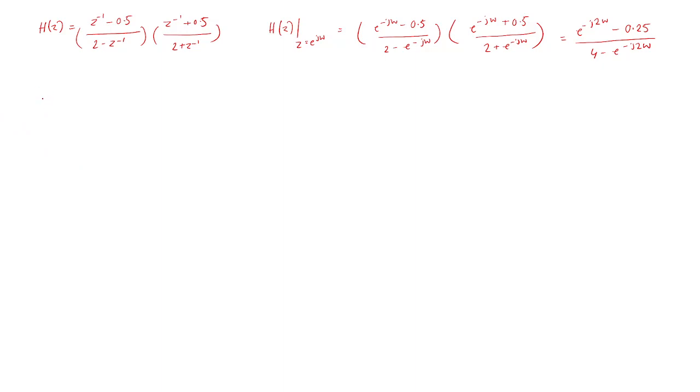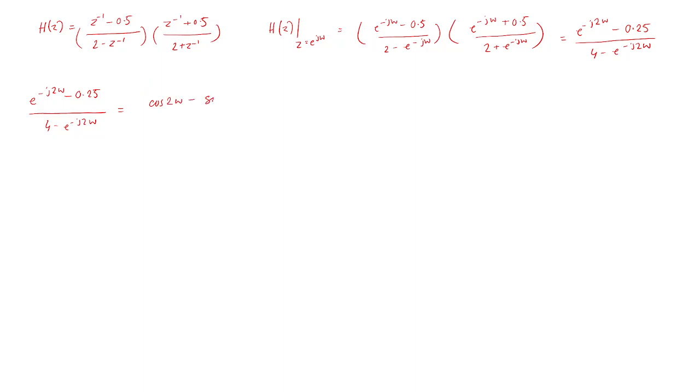Now we can write e to the power j 2 omega as a summation of cos and sine. So let us write (e to the power minus j 2 omega minus 0.25) divided by (4 minus e to the power minus j 2 omega) is equal to: cos of minus 2 omega is nothing but cos 2 omega only.